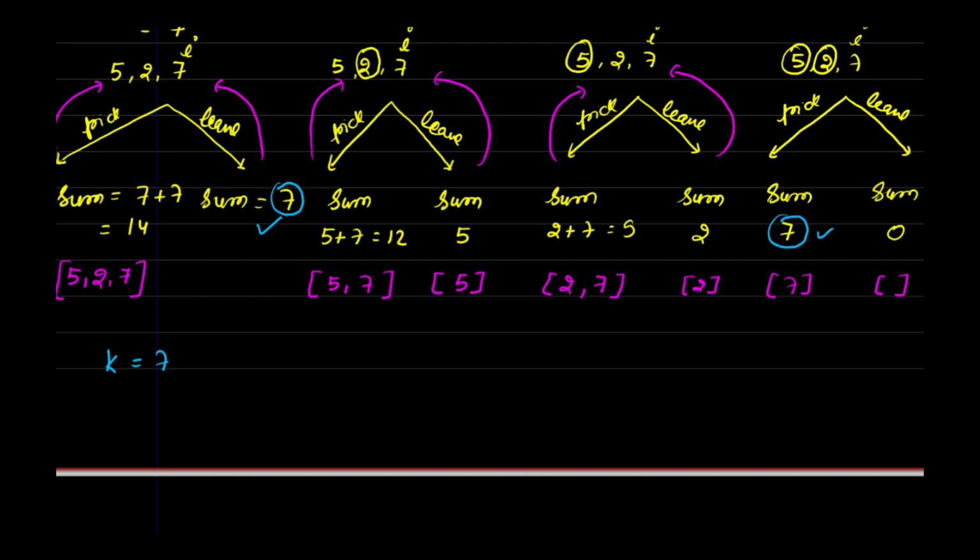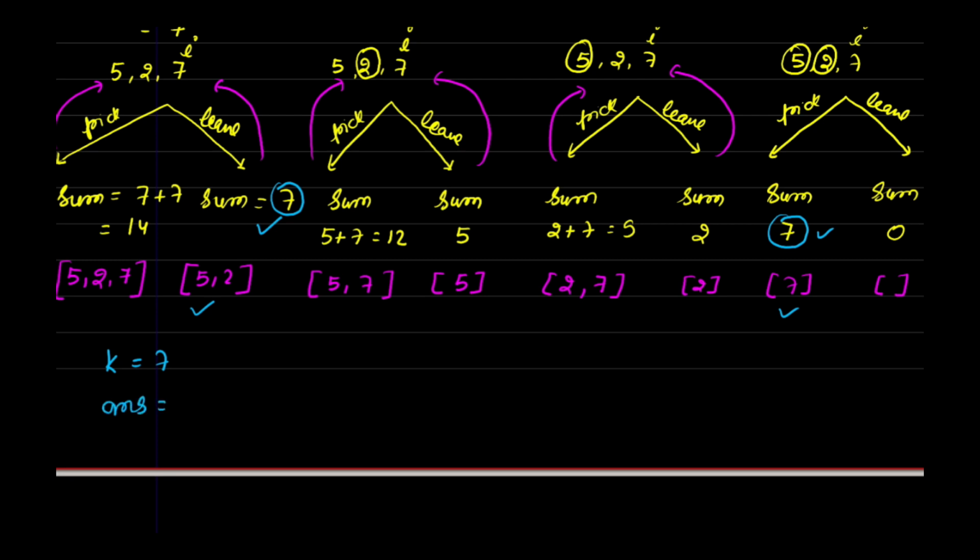Sorry, here I forgot. Here subset was 5 and 2 for the sum 7. So we are getting sum here 7 and here also 7, and my subset is 5 and 2 for this, and 7.